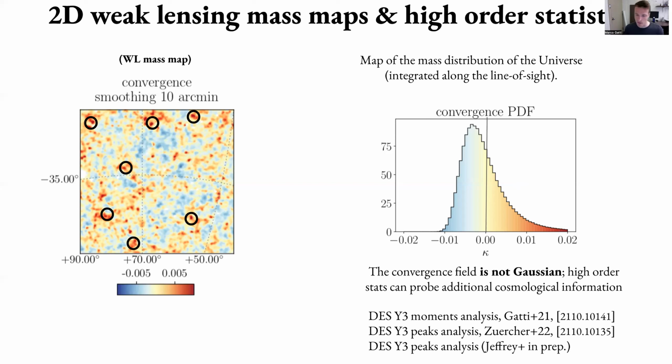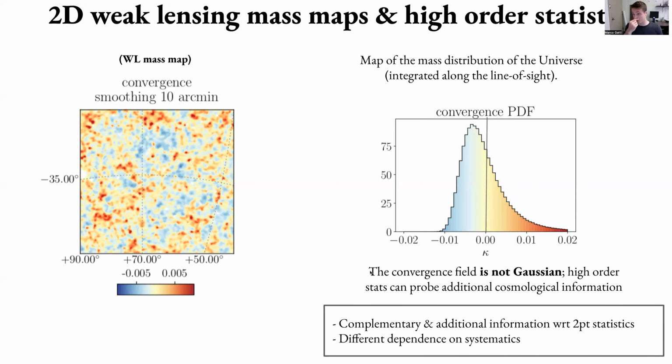It'll be out in a few months. They look at the peaks of the weak lensing mass maps. So basically you choose a threshold and you count how many peaks in your map are above that threshold, and you can vary the threshold, of course. And this is highly non-Gaussian statistics, and we did cosmology with that as well.